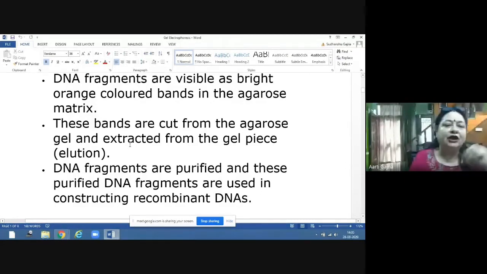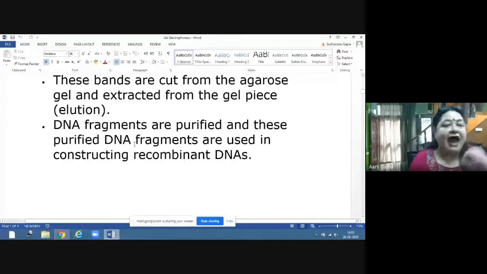The DNA fragments are purified, and these purified DNA fragments are used in constructing recombinant DNAs, because for constructing recombinant DNA we require the fragment of the DNA which has the gene of interest.